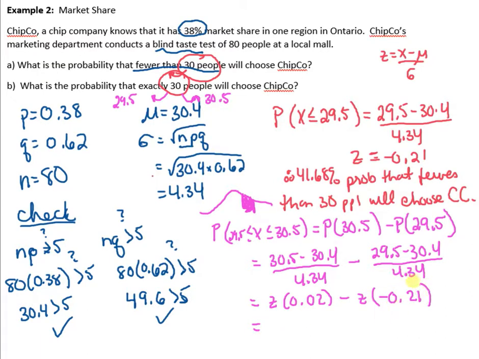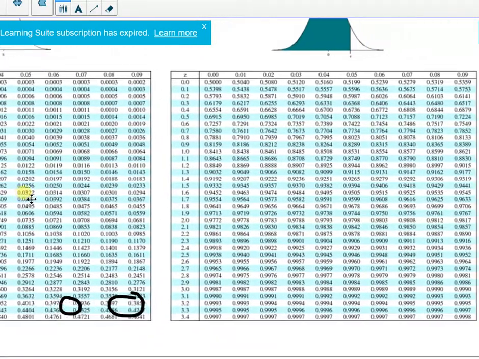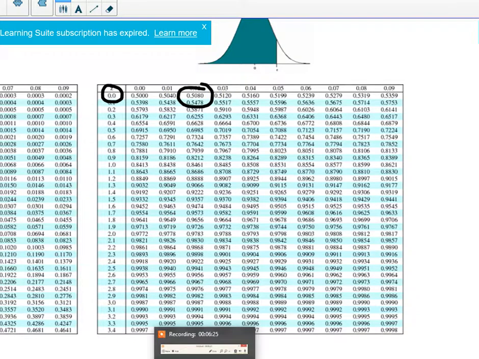Okay, we already looked up negative 0.21. We get the probability of 0.4168. Now let's look up the probability of 0.02. Okay, we have to look on the positive side, 0.0, and then 0.02, 0.5080.